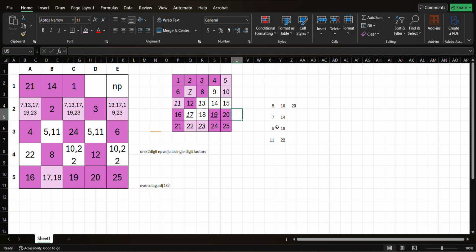So that seems to work. Where else could we have an 18? We could have an 18 and a 9, I think that'd work, like in these ones. So there's quite a lot of options for that. And then 11 and 22 we've put in all the spots they can go in.